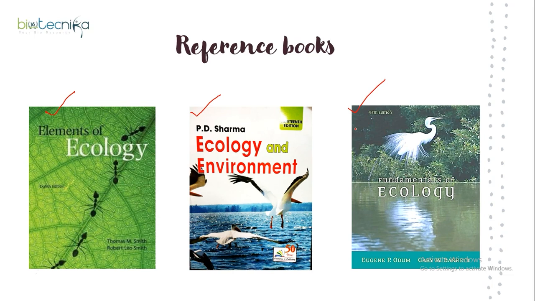You will find it good to study from there as well. But to get to every detail, again, you have to come back to Smith and Smith for that. So refer Smith and Smith and P.D. Sharma mainly for your CSIR preparation.